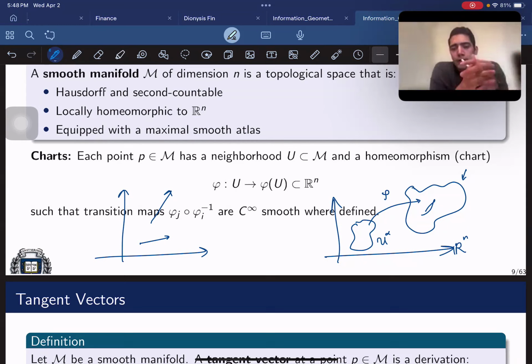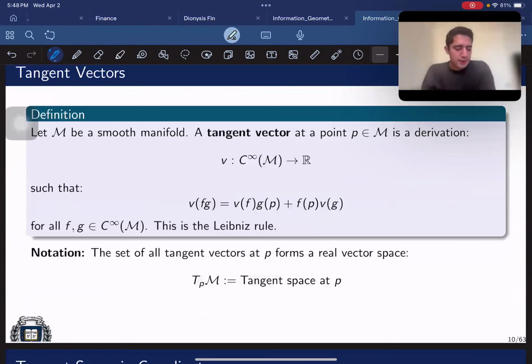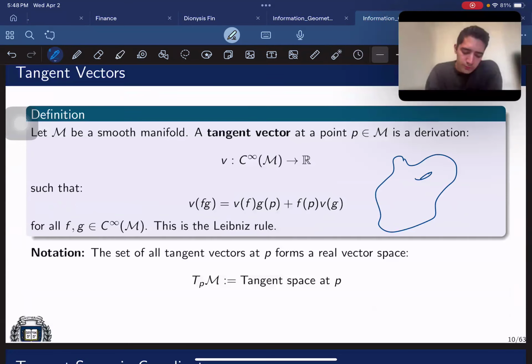But in smooth manifolds, we need more structure to be able to discuss each vector. So that is the tangent vector space. So at each point of our manifold, as an example, consider the tangent space T_pM as the space of all vectors.